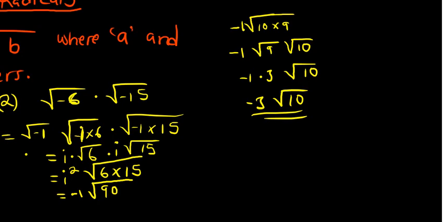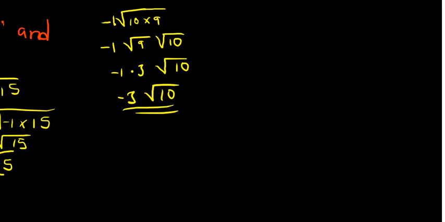So there's also what we call the quotient rule. So you do it the same way as the product rule for the quotient rule.